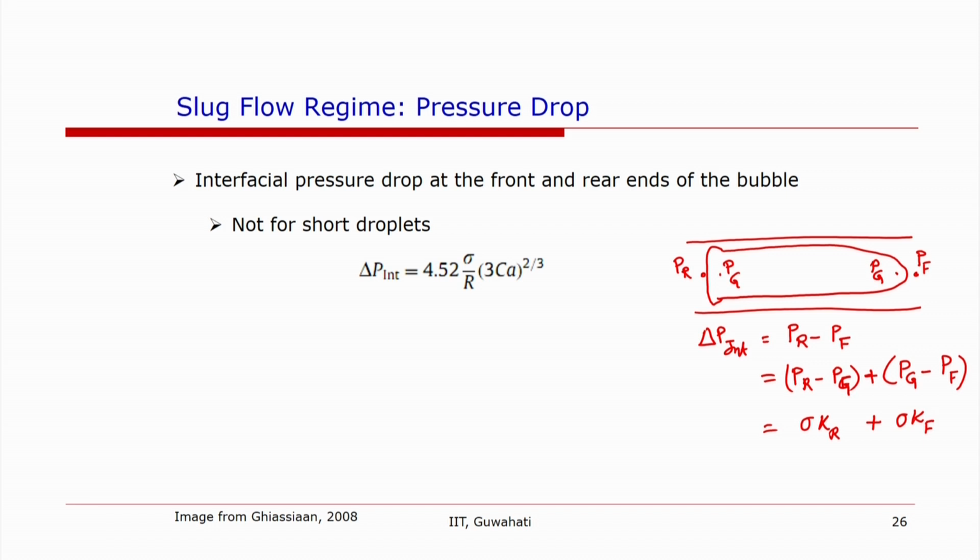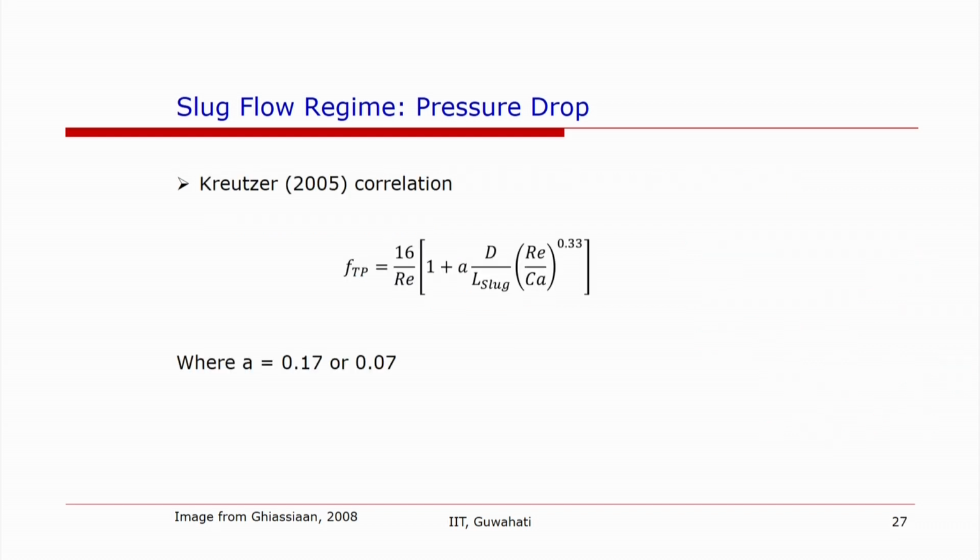So based on this, one can calculate the pressure drop at the front and back, and following Bretherton's model, this is the pressure drop that has been calculated because of the bubble. If we sum these two, and this has been done by Kreutzer, he has obtained a frictional pressure drop or the friction factor for two-phase flow in the slug flow regime, which is 16 by Re times 1 plus a D over L, where D is the channel diameter, L is the length of slug, and Re over Ca raised to the power 0.33.